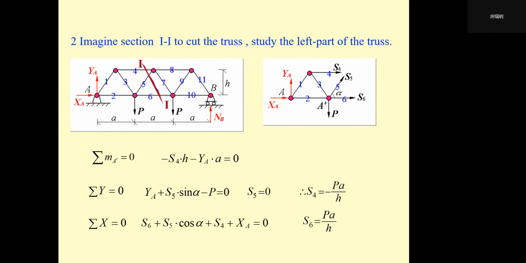So this is the so-called method of sections.